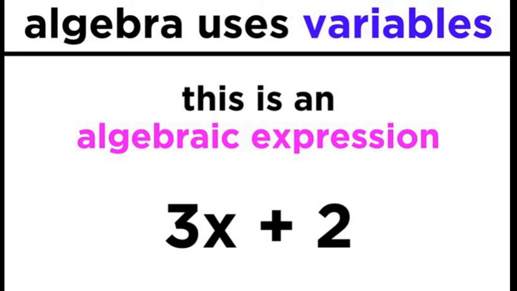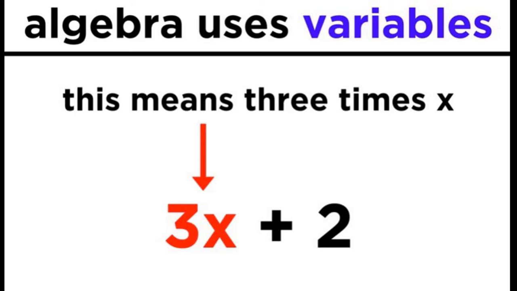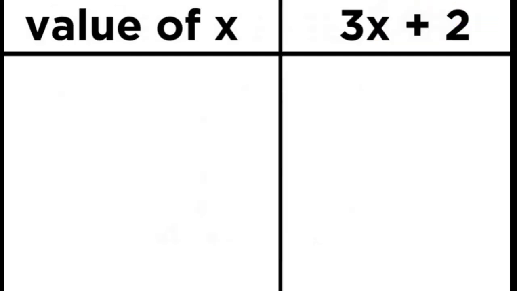For example, 3x plus 2 is an algebraic expression. We can evaluate this expression for any value of x that we choose. We simply plug the value into the expression, understanding that we can now represent the multiplication of two numbers by simply placing them next to each other.